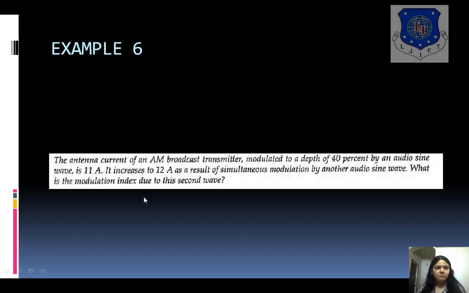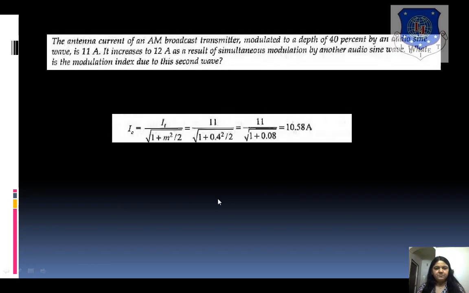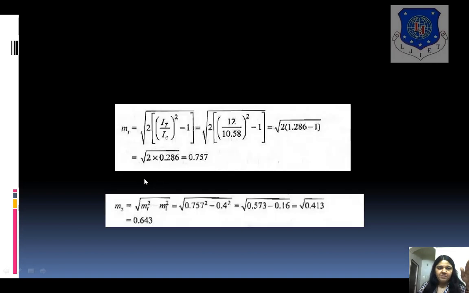What is the modulation index due to the second wave? So, we can find it out. The antenna current of an AM broadcast transmitter modulated to a depth of 40%. So, it's the value of the small m. Okay. And with the audio sine wave the current is 11 ampere. So, IC is the 11. Now, it increases to 12 ampere.